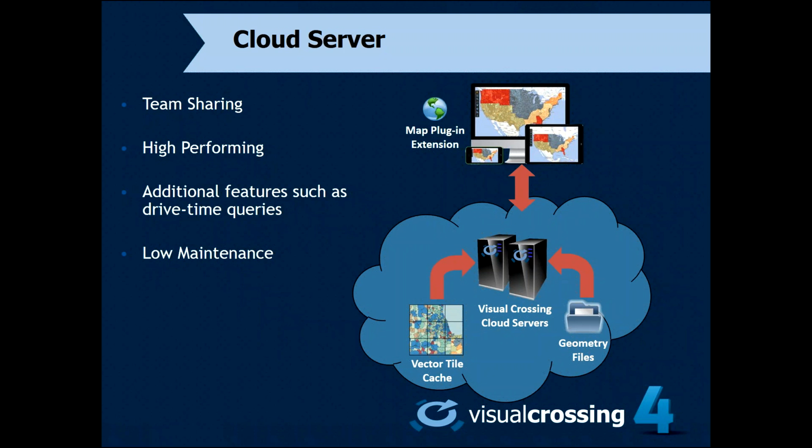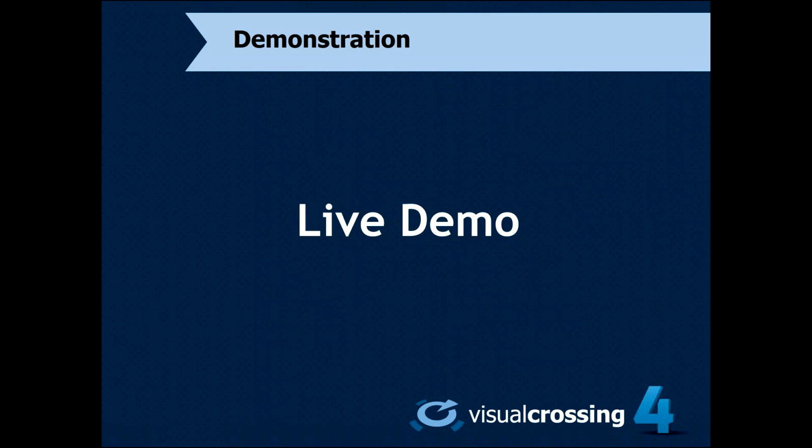It will give you that high performance, and it will manage all of your metadata and everything for you, so you don't have to worry about local storage at all. The other additional things you can get from there is, because you can hit these larger data sets on the server, you can get additional features such as drive time queries, where an entire address set has to be loaded into server memory that desktops usually can't handle. So there's a couple items like that that you get in benefit, but primarily what we're showing you here today, the embedded server can do 98, 99% of what you can in the connected version.